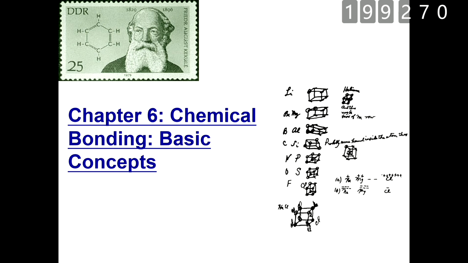Okay, so just now we introduced the formation of compounds, right? So basically the compounds are formed by chemical bonds. In this chapter we will introduce some basic concepts about chemical bonds.